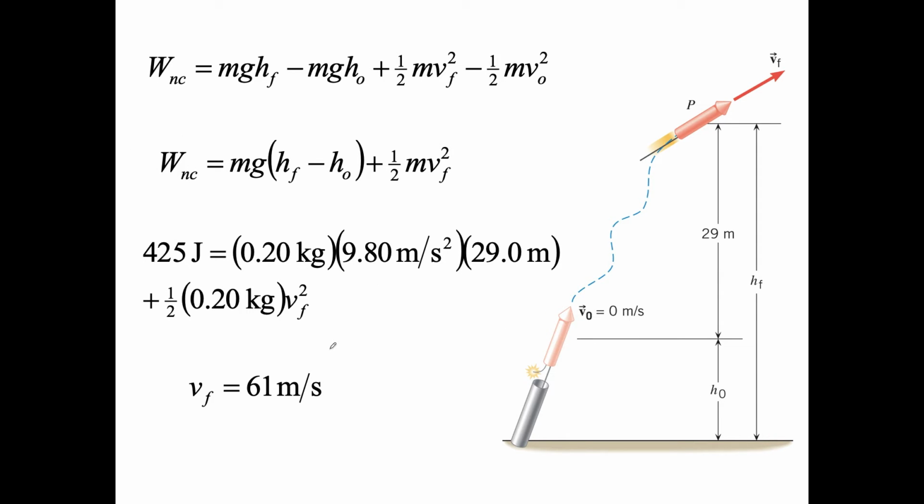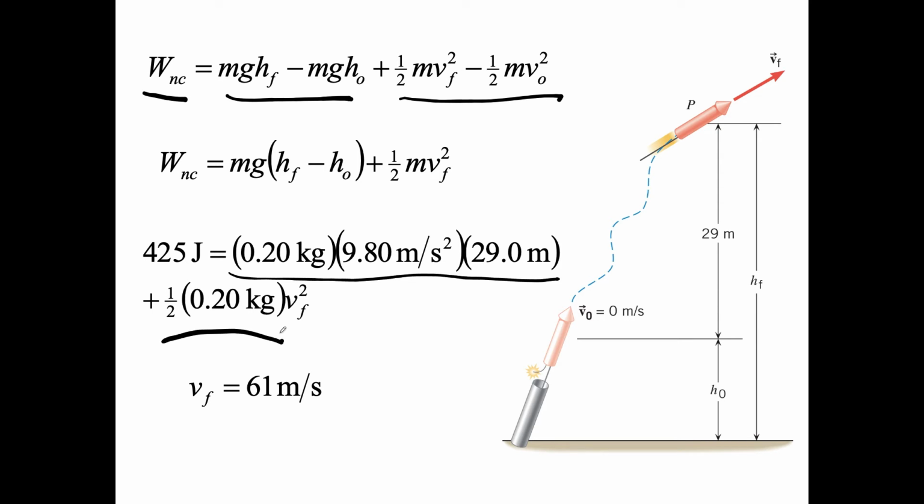Plug in all the numbers. Work done by non-conservative force equals change of potential energy plus change of kinetic energy. The change of potential energy is mass times acceleration g, which is 9.8, times the increase in height, and the change in kinetic energy is 1/2 m v_f squared.